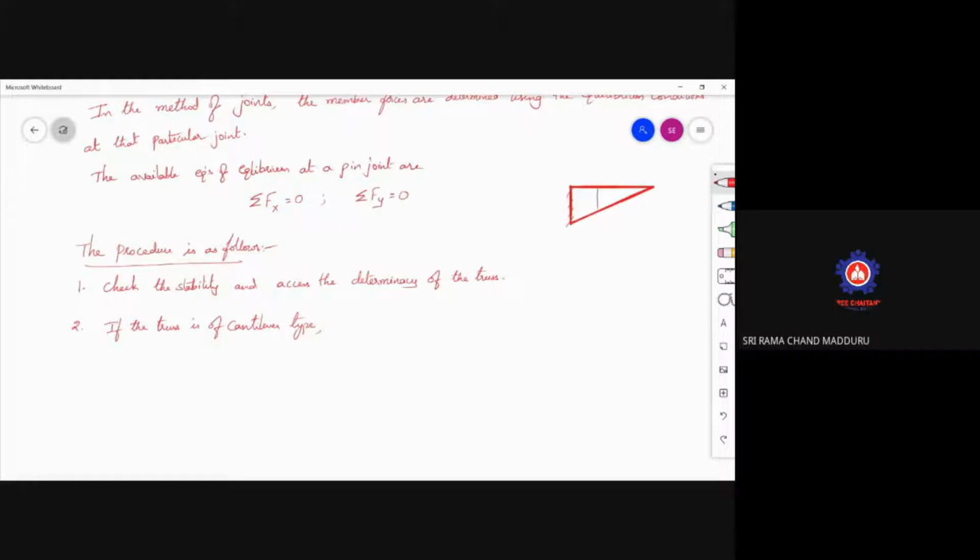This type of truss will also be there to support, for example, a portico. At a portico, I would like to provide a truss. So this is a type of truss that is provided. It looks like this portion is fixed at this end, and the remaining portion is at the other end. This type of truss or frame, we call cantilever type. And the loading will be like this. Here the load is coming, or the load can also be acting here like this.